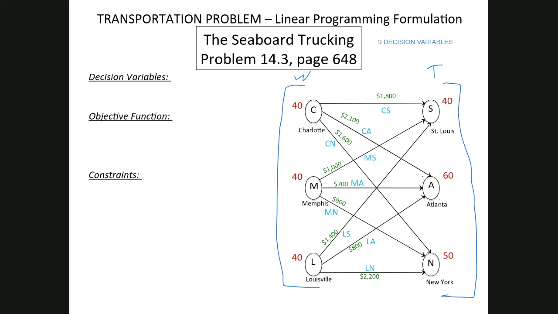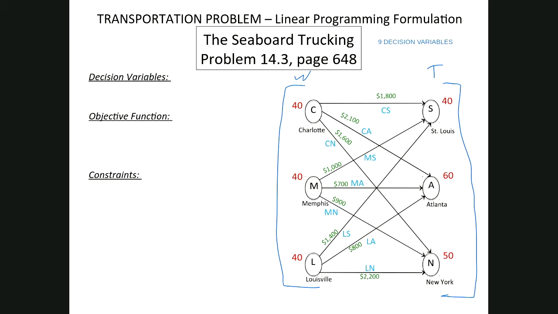So now the question still remains, how do we define those decision variables? And this is where the creativity comes in. I'm going to designate the first letter of the variable to be the warehouse location: C for Charlotte, M for Memphis, L for Louisville. And the second letter is going to be the location of the terminal.